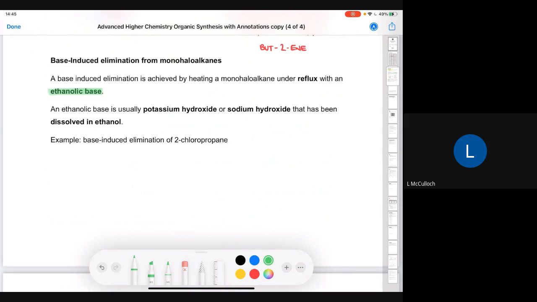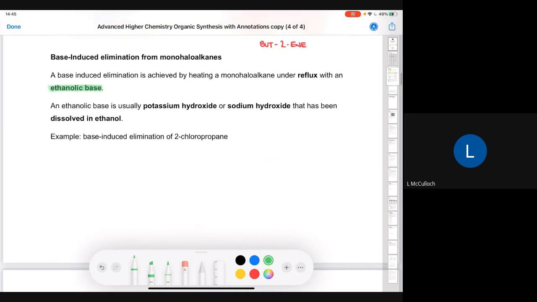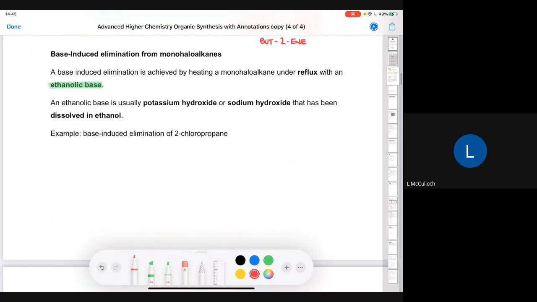That's why it's base-induced. So the elimination reaction is induced or brought on by the base, which is your potassium hydroxide or your sodium hydroxide. So for the example that we're going to look at here, there's just going to be one product, but do make sure that you check to see if there would be one or two products that are formed in the reaction. So base-induced elimination of 2-chloropropane.